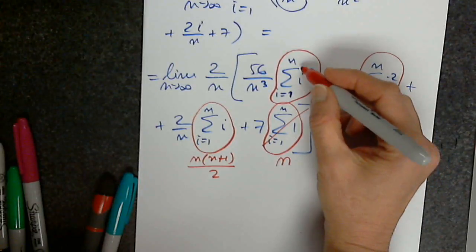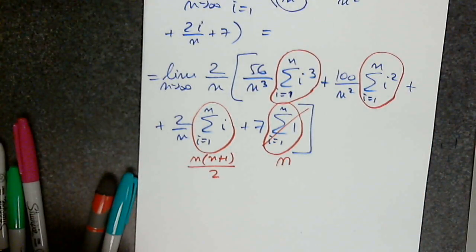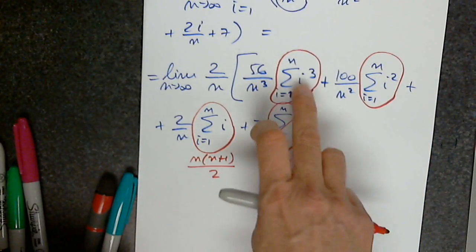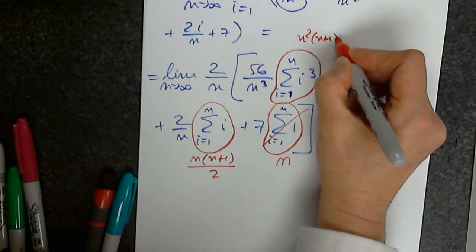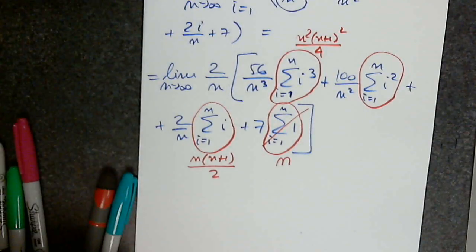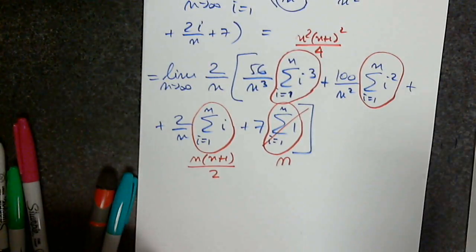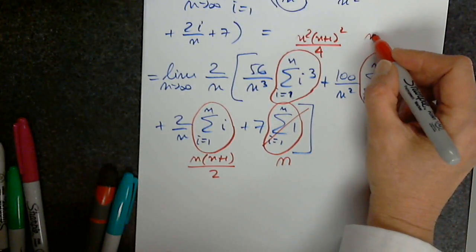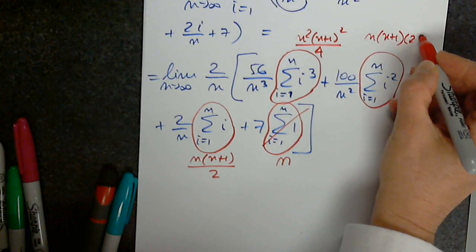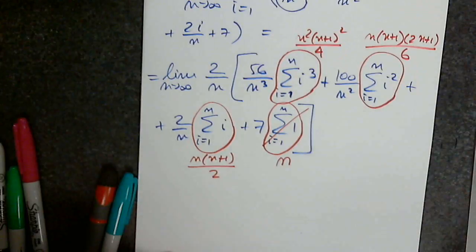What do I replace the sum of i cubed by? It's the same, but squared, yes. n squared times (n plus 1) squared over 4. And the last one, what do I replace this by? n times (n plus 1) times (2n plus 1) over 6, indeed.